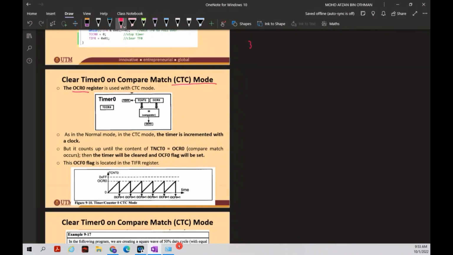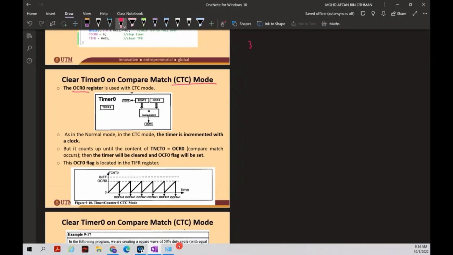This register is used to compare with your TCNT value. If the OCR value is equal to your TCNT value, the OCF flag will be raised.